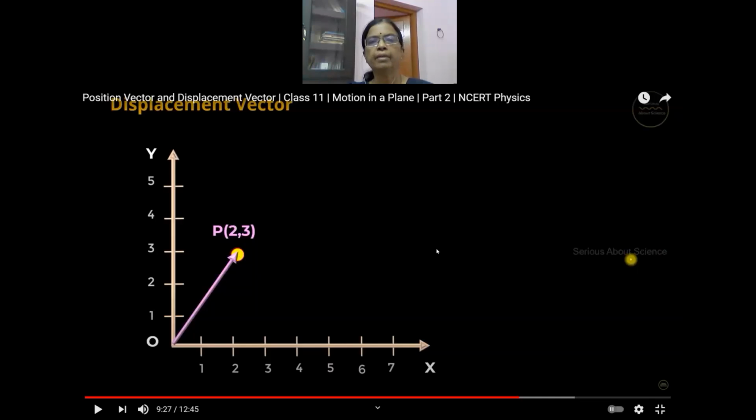Devi Krishna, how will you represent this vector OP? Vector OP equal to? 2i cap plus 3j cap. Very good. I can write vector OP is equal to 2i cap plus 3j cap.